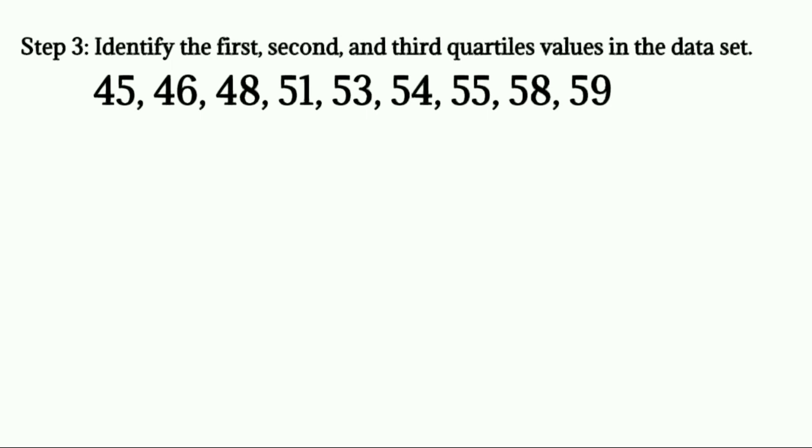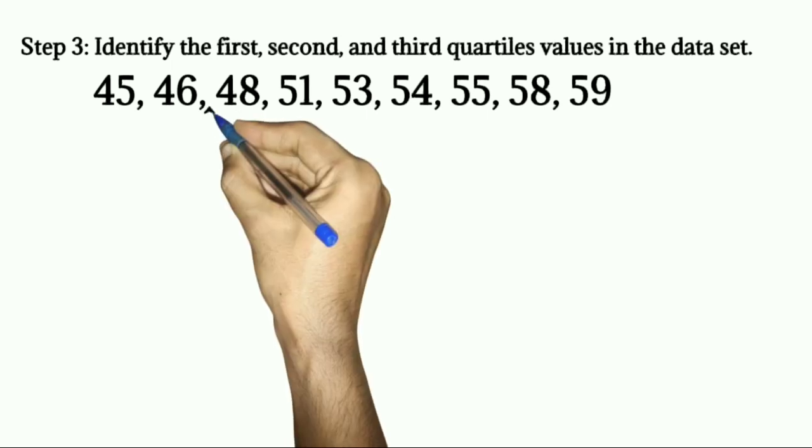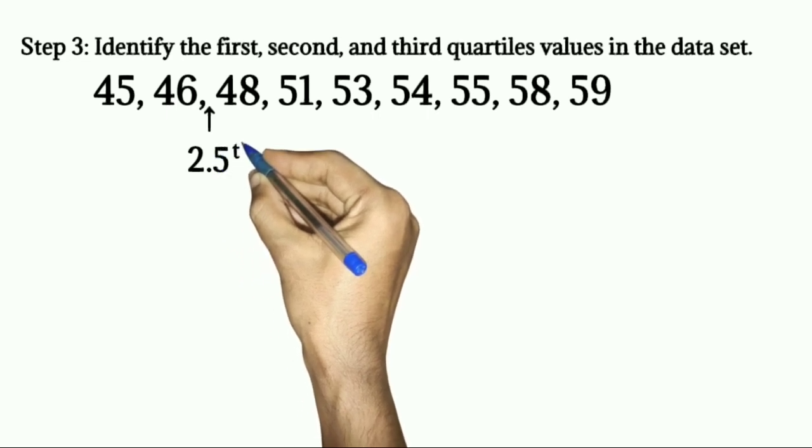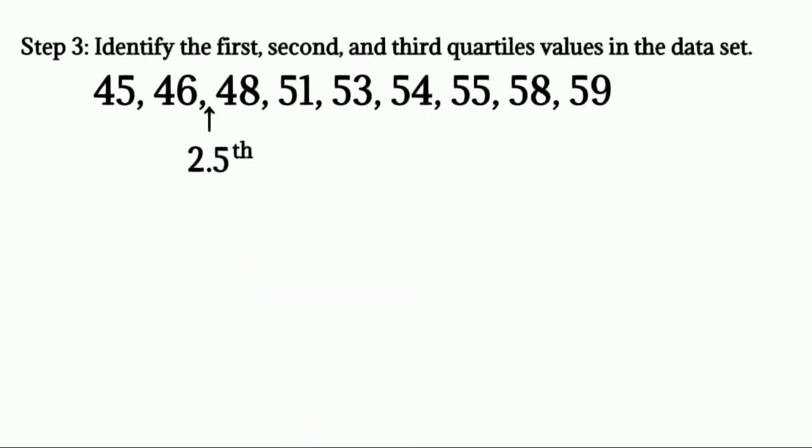The first quartile is equal to 2.5. Therefore, the 2.5th value falls between 46 and 48 because there is a remainder or decimal.